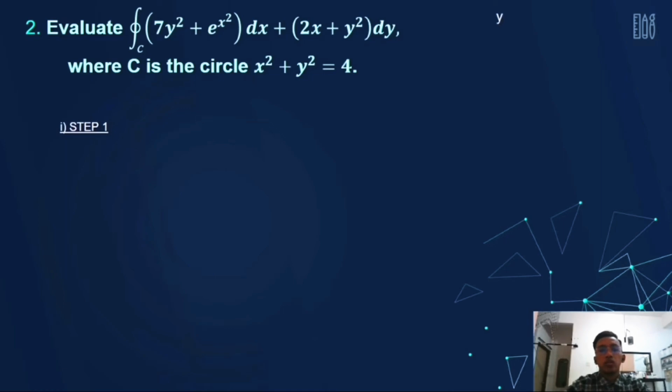Question number 2 states to evaluate the integral over C of 7y squared plus e to the power of x squared dx plus 2x plus y squared dy, where C is the circle x squared plus y squared equals 4.